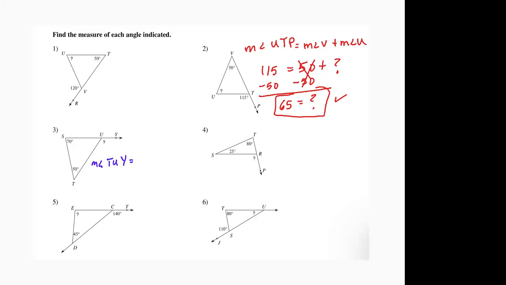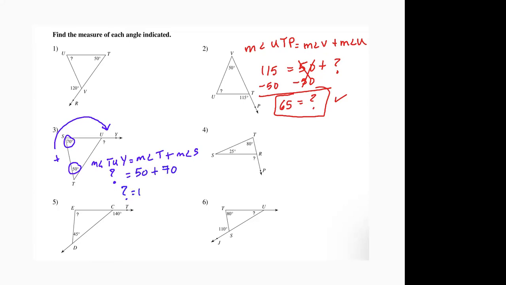So these two together are going to equal this angle right over here. I know angle T is 50 degrees, and angle S is 70. I add that up, I get 120. And that makes perfect sense too.